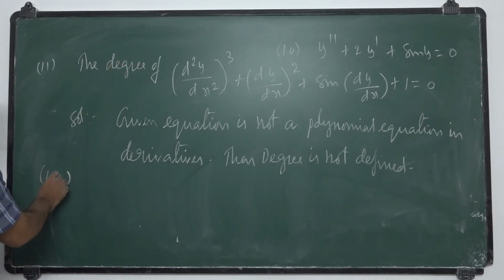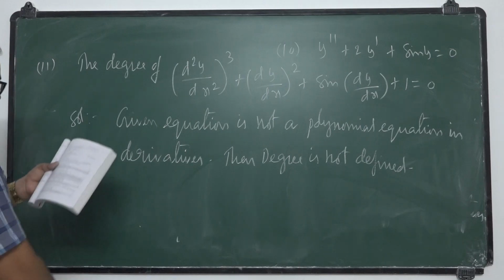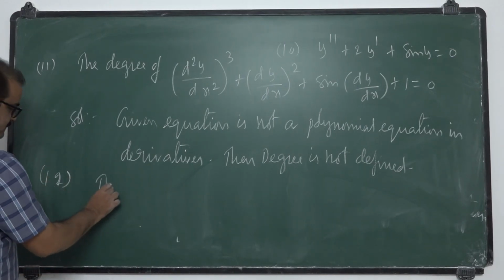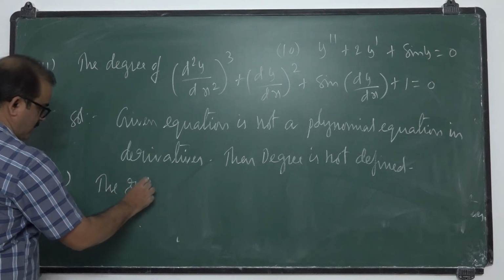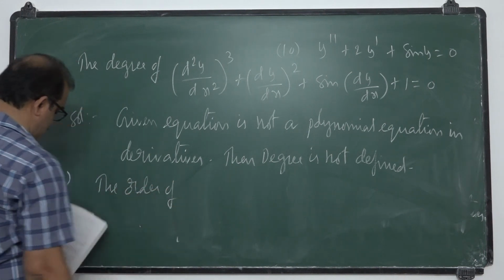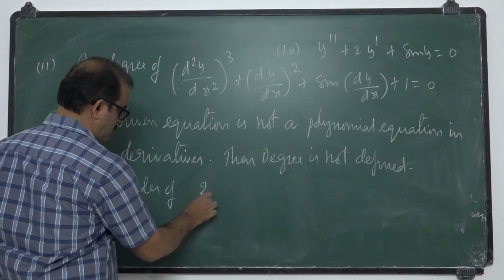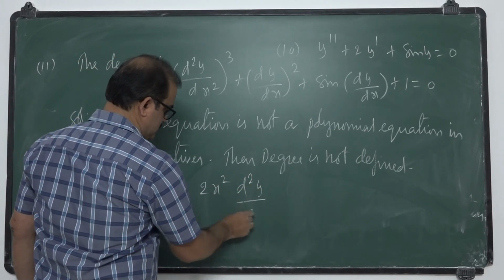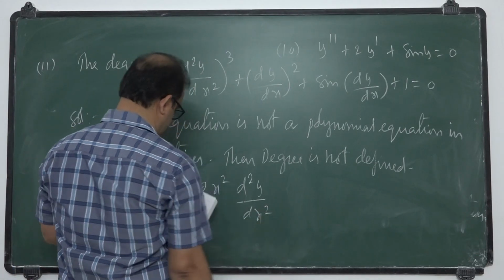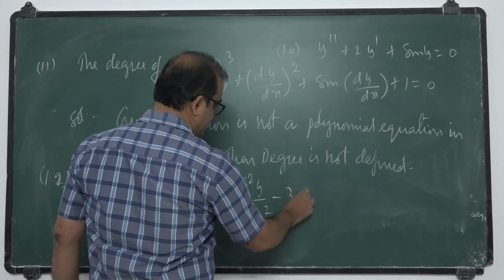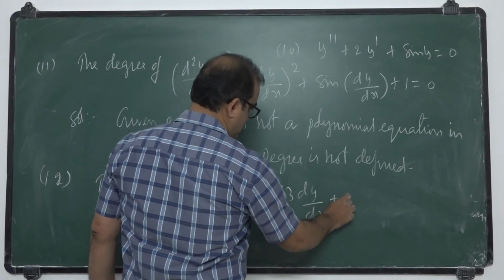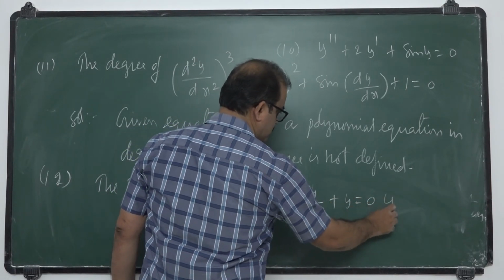Next, the last problem in this exercise. Find the order of 2x square d square y by dx square minus 3 into dy by dx plus y is equal to 0.